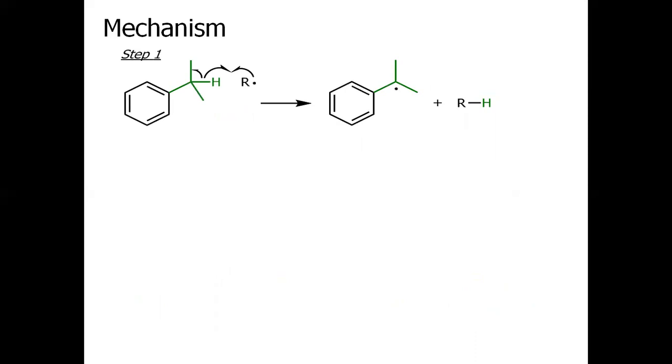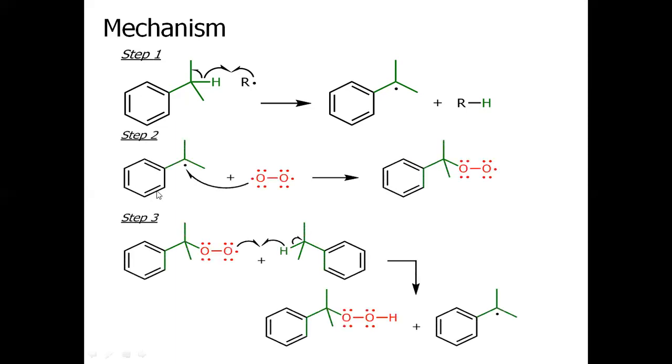In the first step, isopropyl benzene reacts with the alkyl radical to give you the benzylic radical. This is known as the benzylic radical. Now this benzylic radical in the next step is immediately captured by oxygen to yield this benzylic peroxide.